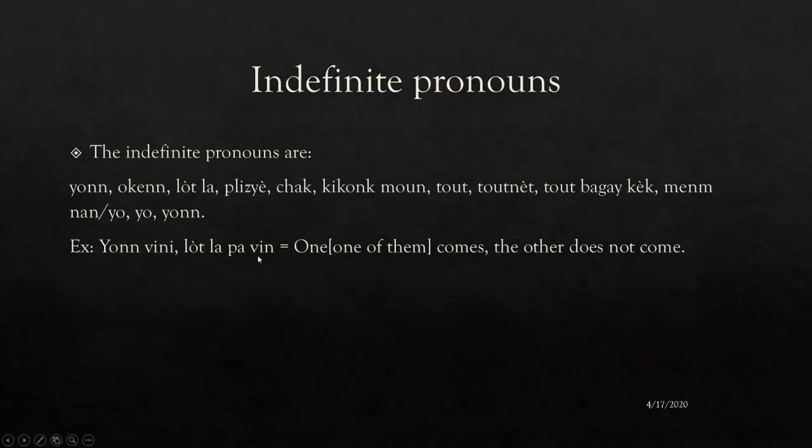So we have yon vini, for example. Yon vini, lot la pa vini. It's like one comes, meaning one of them. I met one of them, but I wanted to be a little bit word by word in my translation. So you have one comes, meaning one of them. This is what it means. But normally, I'm not supposed to say one comes because that has a different meaning in English.